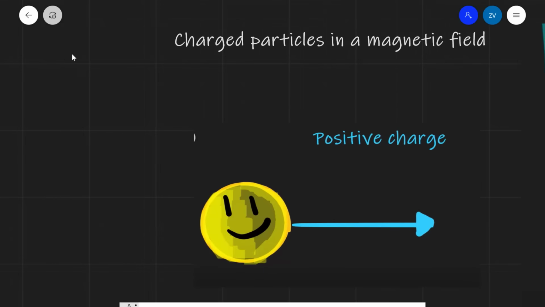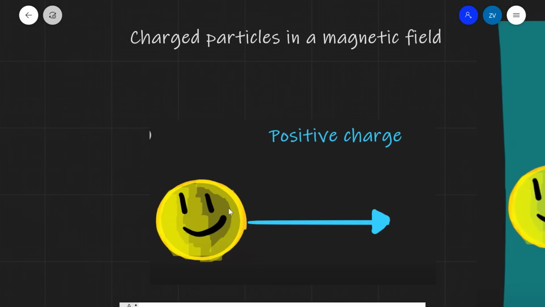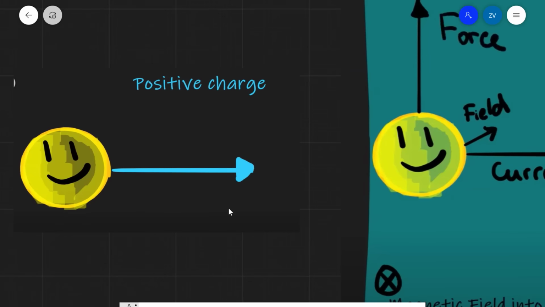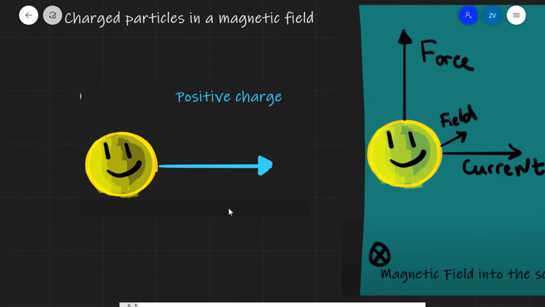Now that we have looked at Fleming's left-hand rule, let's have a look at charged particles in a magnetic field. So imagine that you have a positive charge, such as this one. You can see that it's positive once again. And let's say that this positive charge enters a magnetic field.